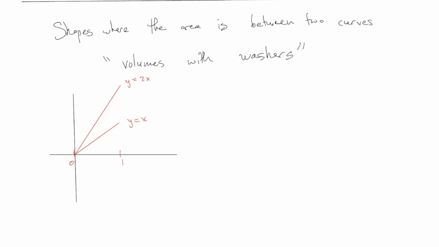And take the region between these two curves, this kind of triangle here, and rotate that shape around the x-axis. So what you get is something like this down here. And it's spun around. I suppose you could say some kind of cone, but it's like a cone with some thickness to it.